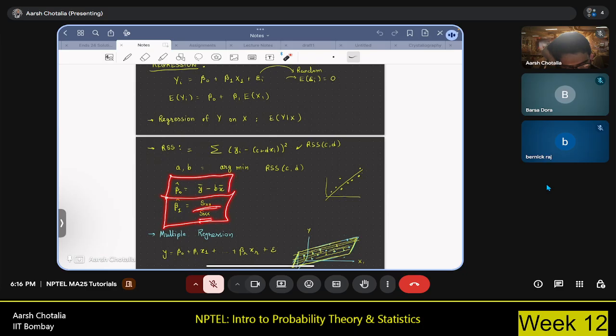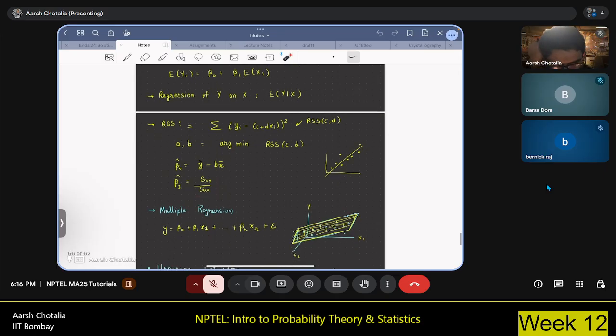And beta naught is in terms of this: y bar minus b times x bar, where b is beta 1 cap basically. So first, we always find the slope, which is given by Sxy, the covariance, divided by Sxx, the variance in x. And this number is called the regression of y on x.